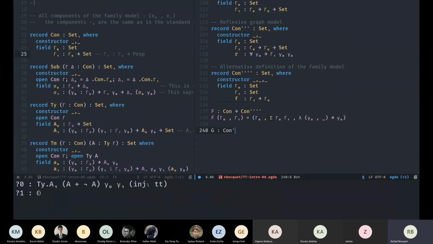And the problem is that to go in the other direction, we need to introduce some equalities.